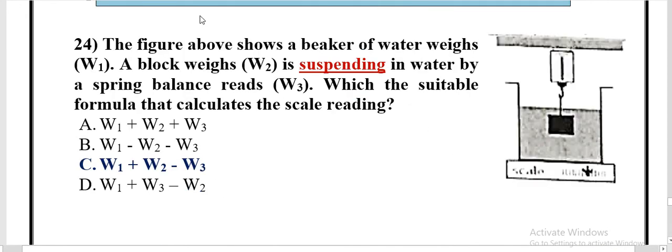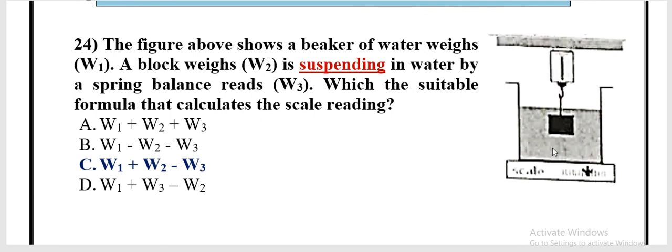Question number 24. The figure above shows a beaker of water. The beaker weighs W1. An object of weight W2 is suspended in water by a spring balance that reads W3. Which is a suitable formula that calculates the scale reading? The scale here is a balance, and this balance determines the total weight of this set.